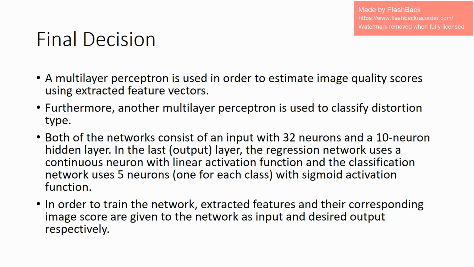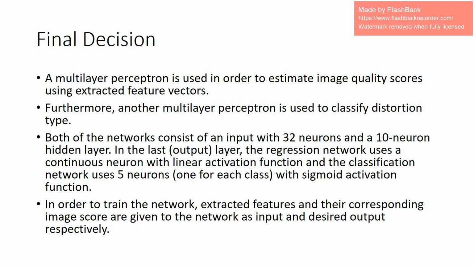In the last layer, the regression network uses a continuous neuron with a linear activation function, and the classification network uses 5 neurons with a sigmoid activation function. In order to train the network, extracted features and their corresponding image scores are given to the network as input and desired output respectively.